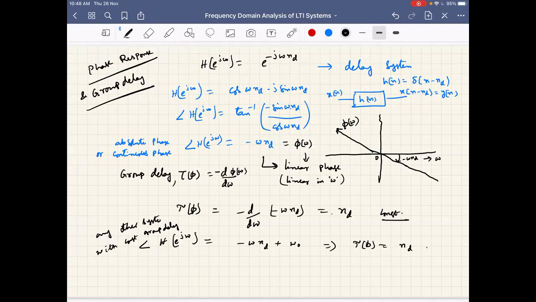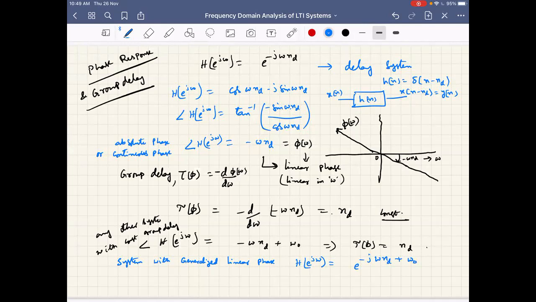This is referred to as generalized linear phase. Whatever we have seen here is linear phase, and whatever I have seen here is generalized linear phase. H of e power j omega, I will directly write the system here: e power minus j omega nd plus some omega naught. This is a generalized linear phase system.